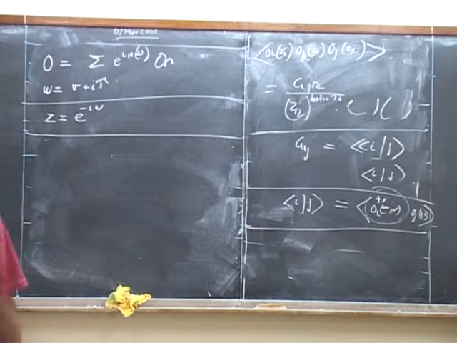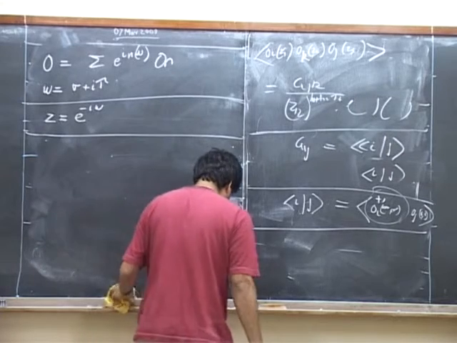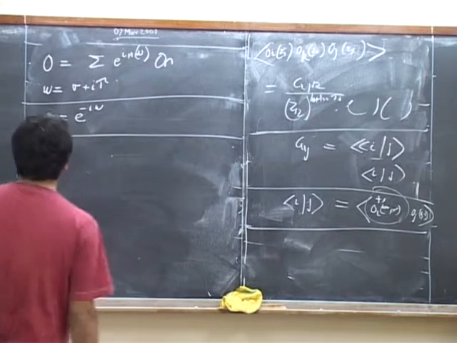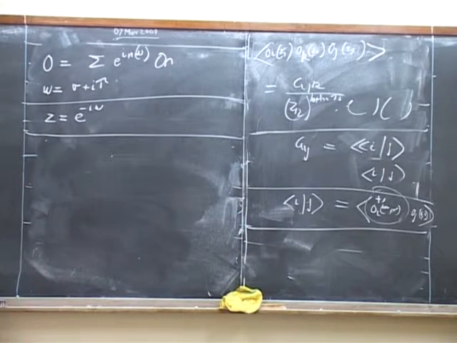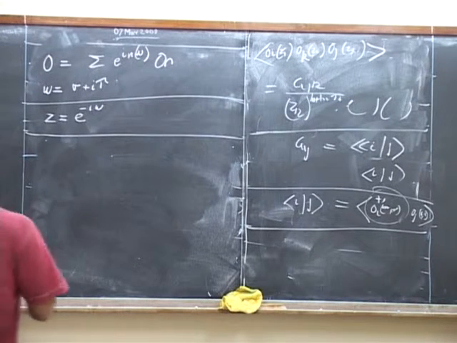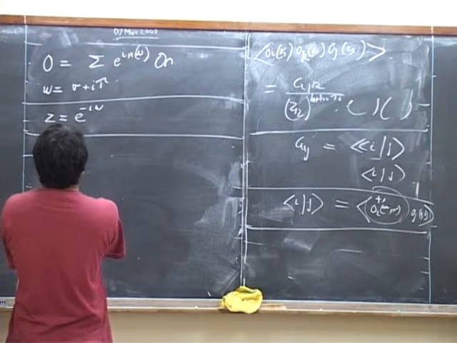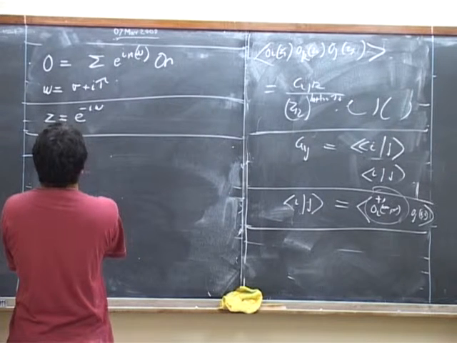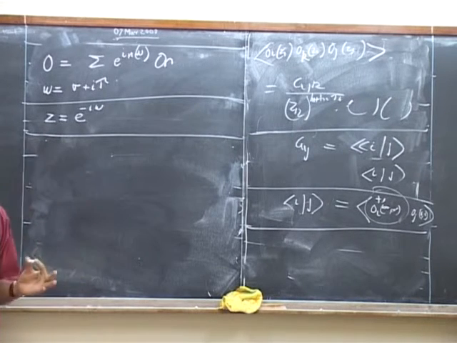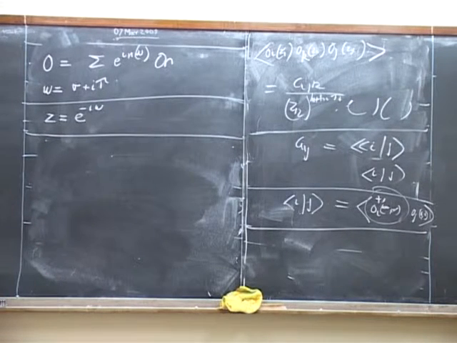Okay, so now, actually let me back up one step further. What I've done here is to be Euclidean on both sides.